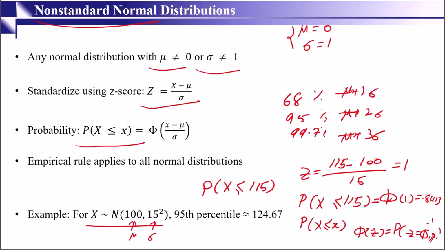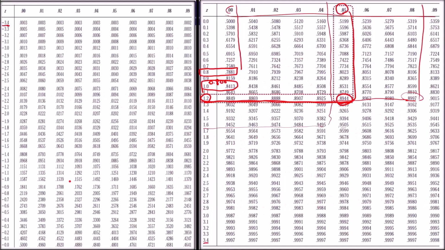Then we convert using the equation that we already have, x is equal to mu plus z sigma. For example, I want to find the 90th percentile here. So phi inverse of 0.9: I go to the table and find 0.9 here, which will be something like 1.28.